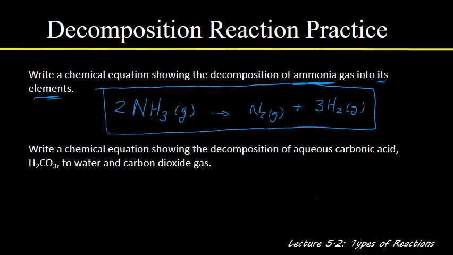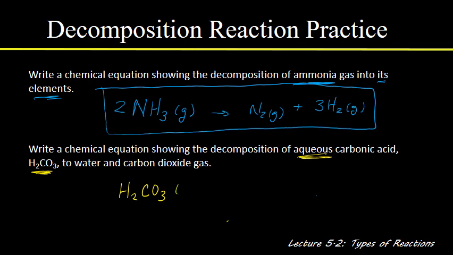Okay. All right. Next one, decomposition of carbonic acid, which again we talked about nomenclature of acids in the last semester, so you should know H2CO3, but in case you don't, I gave that to you here. This will be our reactant, and it says that it's aqueous.